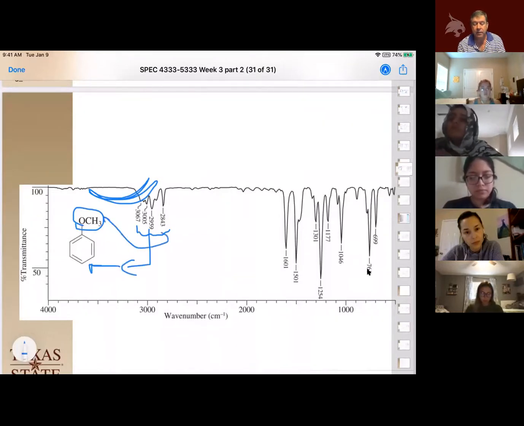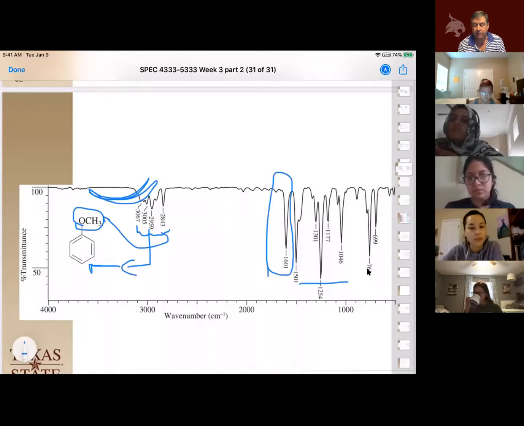But then the only other peak we have is our 1600 peak right here, which is our carbon-carbon double bond. And then we have our fingerprint region down below. Okay, so this is another example of a functional group transformation. If you had phenol and you reacted it to form an ether using an ether synthesis, you would expect that OH to disappear and be able to see those new peaks from that aliphatic addition.